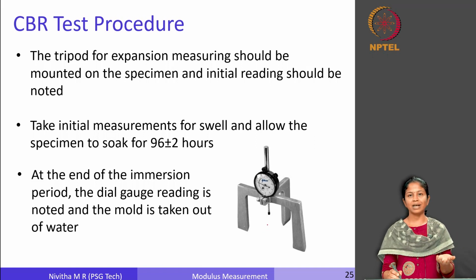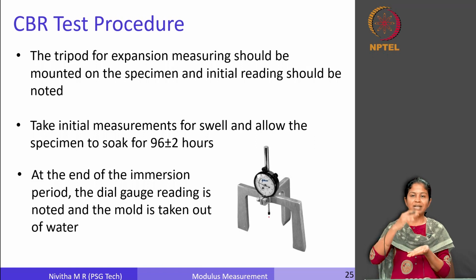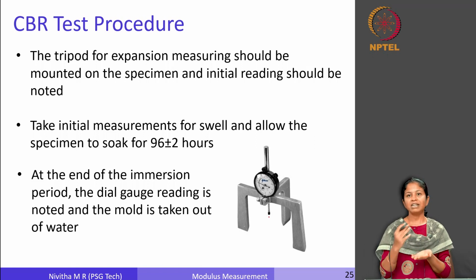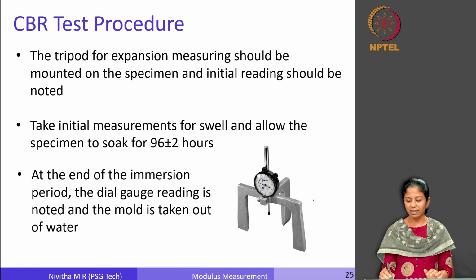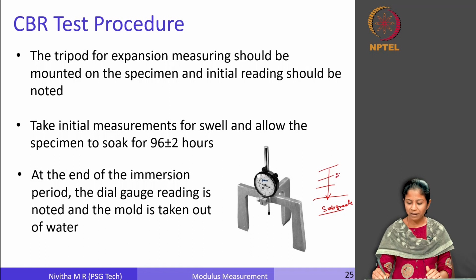In a typical case the expansion might be different, but when it is confined on top, which is a typical case in a pavement, because you have the subgrade, on top of it you have all the other layers of a pavement, and the weight of all these things is going to act on my subgrade. So, in the presence of this weight, the expansion might be different, and that is what we are interested in quantifying. So, that is why we place a surcharge weight when we are measuring the swelling in soaked condition.